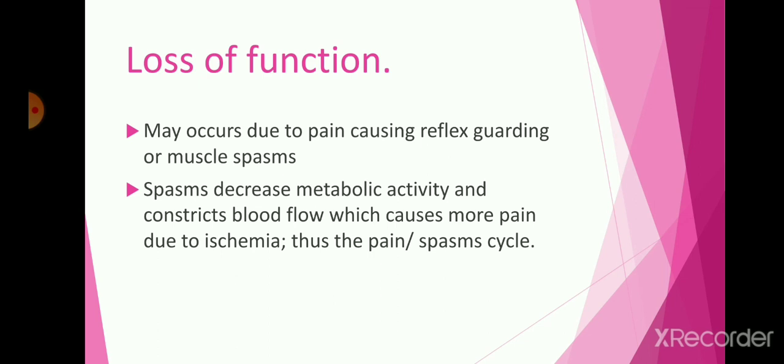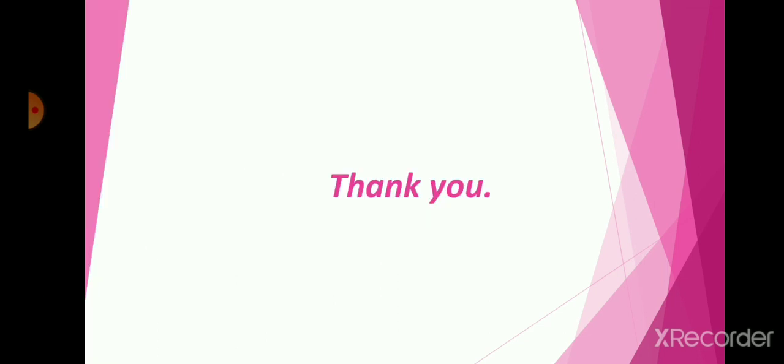So these are the signs of inflammation, which are useful for getting the innate immune response, which triggers the regeneration of the site of injury so that it can heal.